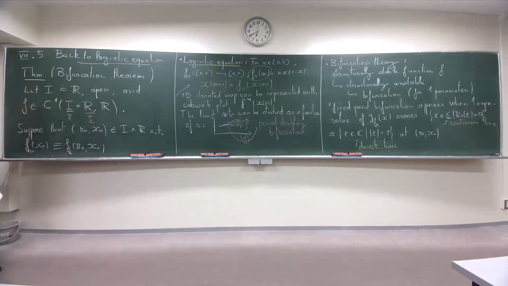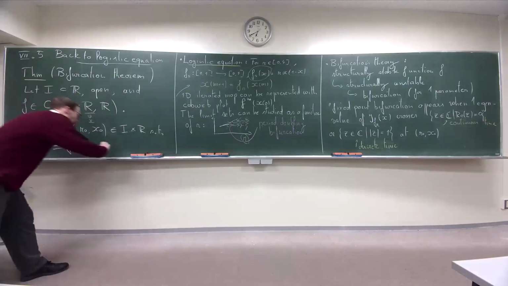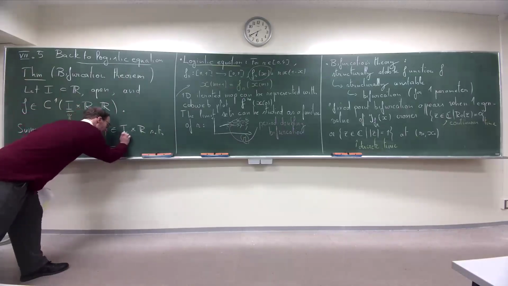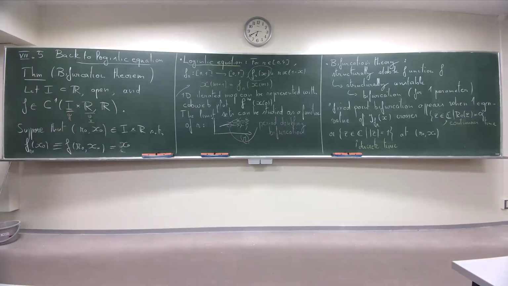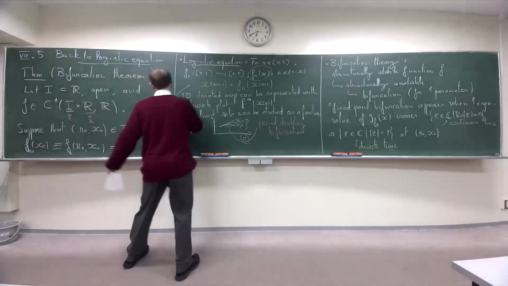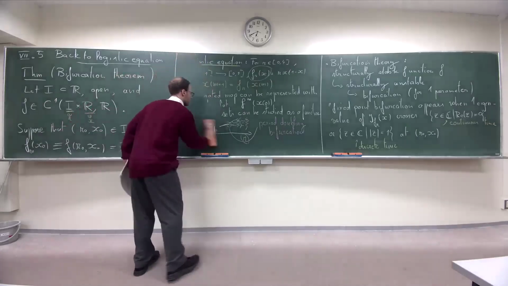Usually a function of two variables you will write like this. I'm just writing this as a parameter because these two variables do not play exactly the same role. And I assume that X0 is a fixed point, so we have this equality: at X0, for the parameter R0, we have a fixed point.